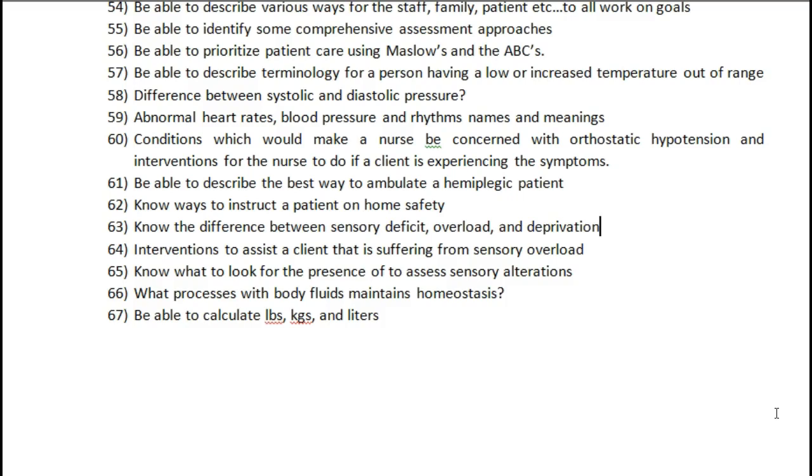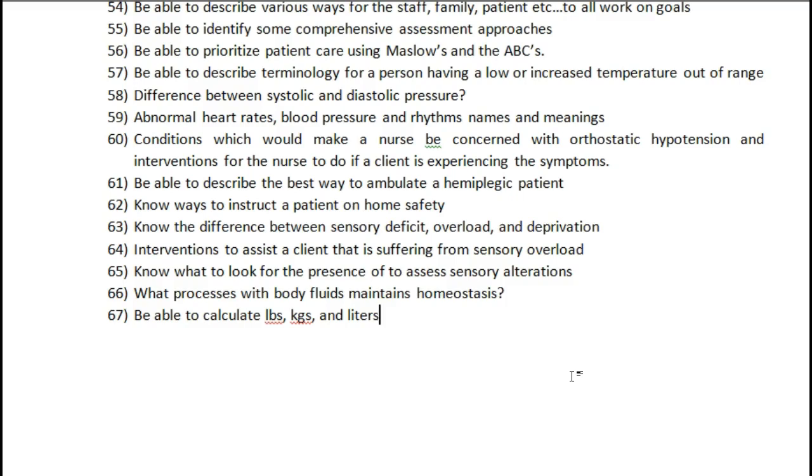So, know those. Just kind of know what it results in, how a person may act as a result of these things. So let me see what else.